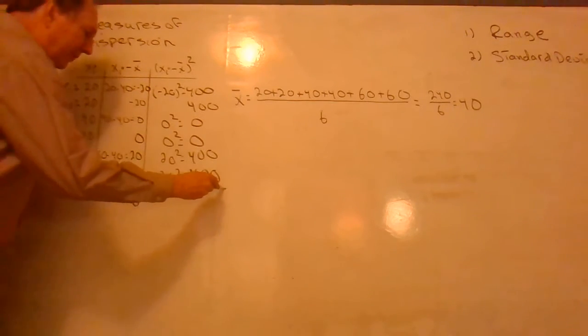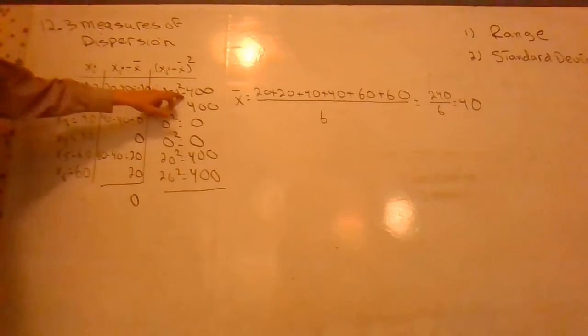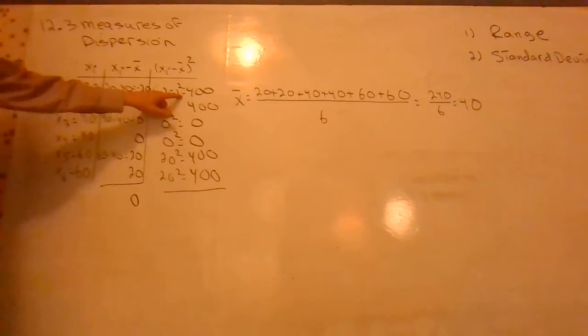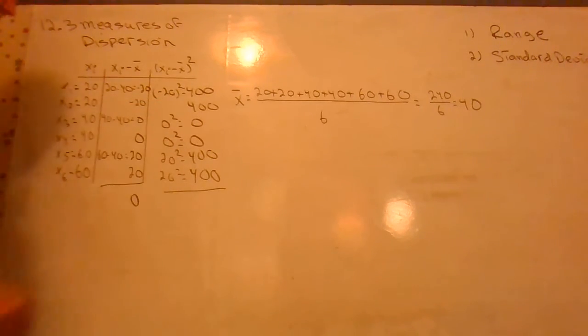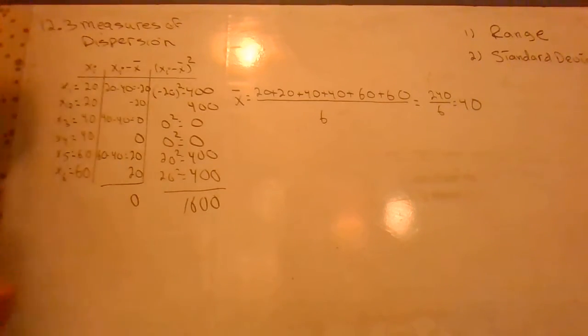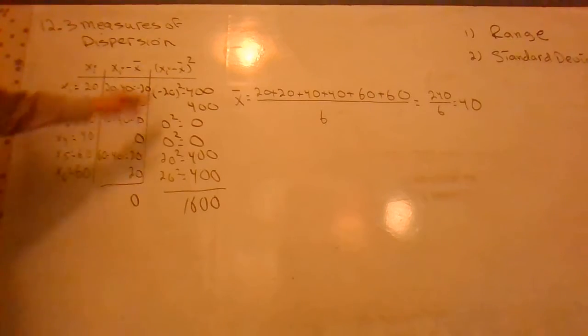Now what we're going to do is add this up. 400 plus 400 plus 400 plus 400. Well, 4 and 4 and 4 and 4 is 16, so we get 1600. That's actually the sum of the squares of the deviations.